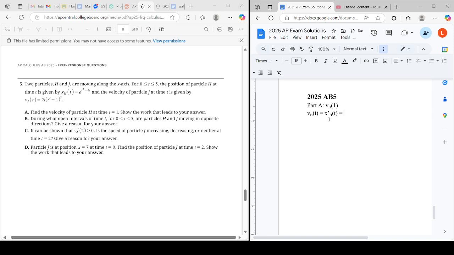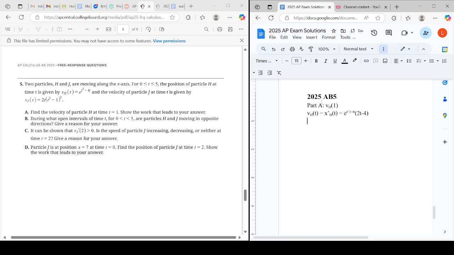Since the original was e to the t squared minus 4t, this is going to become e to the t squared minus 4t times the derivative of what's inside, 2t minus 4.